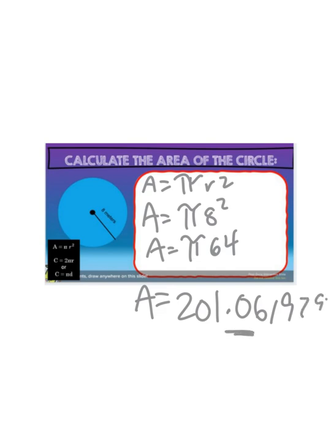So since we're rounding in our class to the nearest tenth, I'm going to be looking at that value. Since 6 is 5 or larger, we're going to round that up to 201.1. Look at our unit, meters squared.